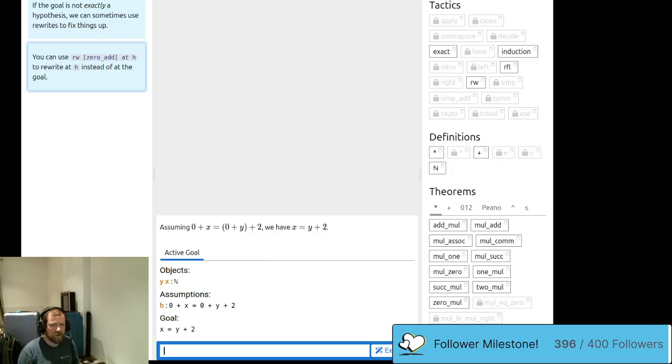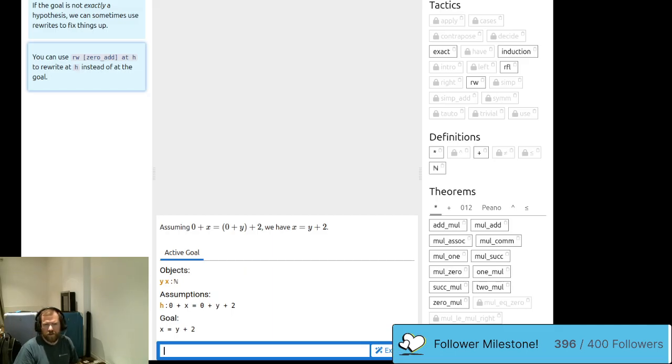So instead of reversing the add 0, reversing 0 add in order to get zeros on the left of all this stuff, what we're going to say is, okay, let's try and simplify h.